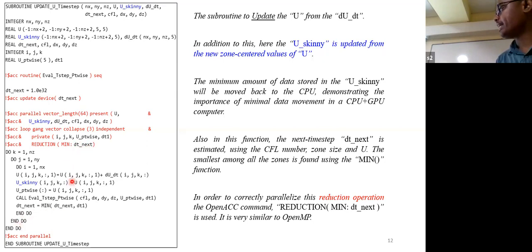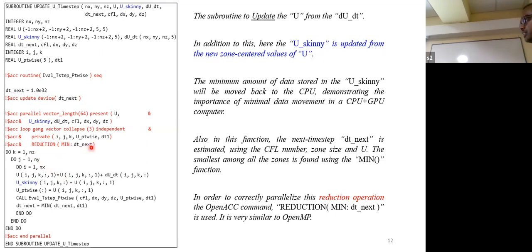We want to minimize by getting the information from all of the zones that are involved. Here, the computation cannot be run independently in parallel fashion because the dt next depends on the dt next from all of the zones. So that has to be indicated to OpenACC by saying reduction min dt next.